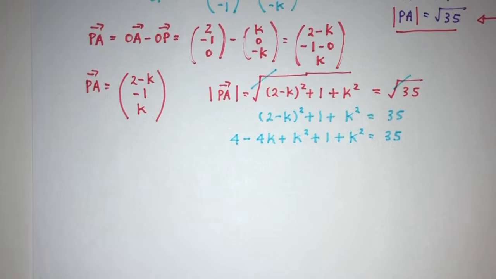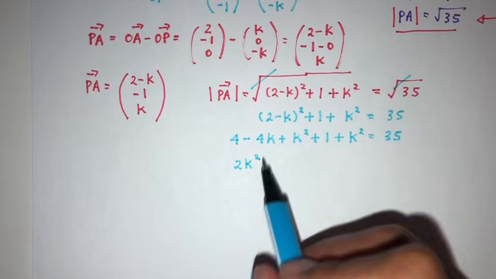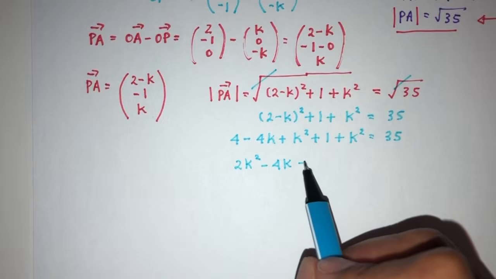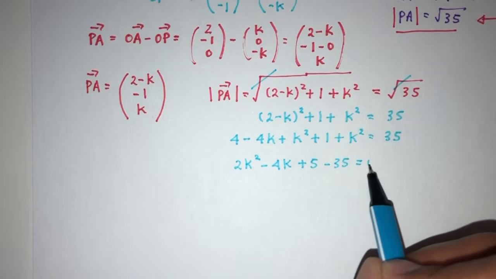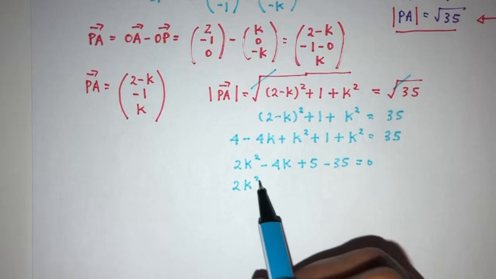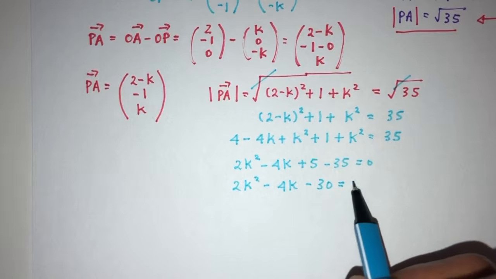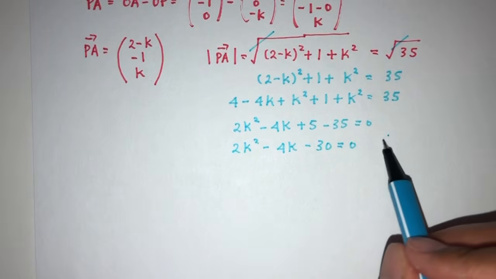Now let's simplify this. K squared plus K squared is 2K squared. Here we have minus 4K, and 4 plus 1 is 5, and we send 35 over, so it becomes minus 35. That will be 2K squared minus 4K minus 30 equals 0. Because everything is even, we can divide everything by 2.